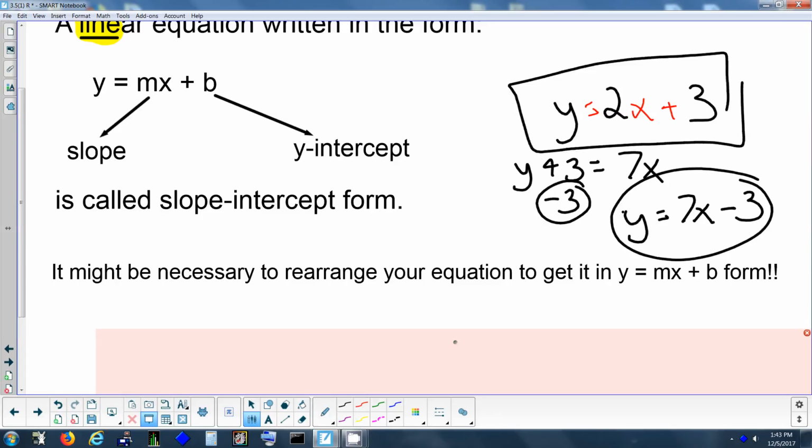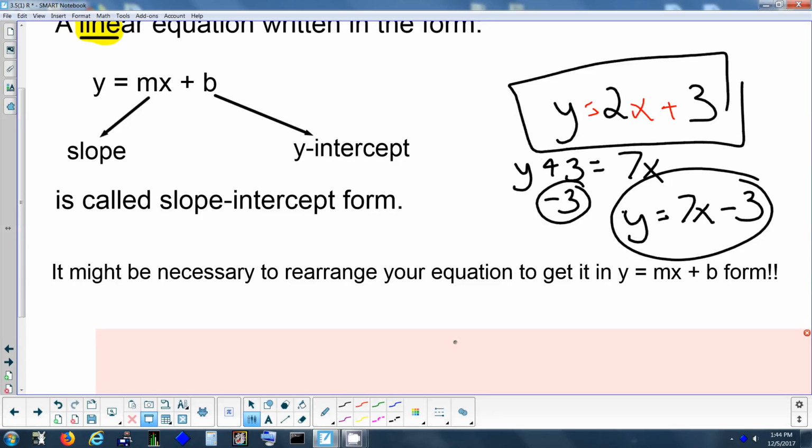y equals 2x plus 3. In this equation right here, based on the information we have over here, what's your slope? That's the equation, right? I want to know what the slope is. Be careful. When we ask you for the slope, do not put x.